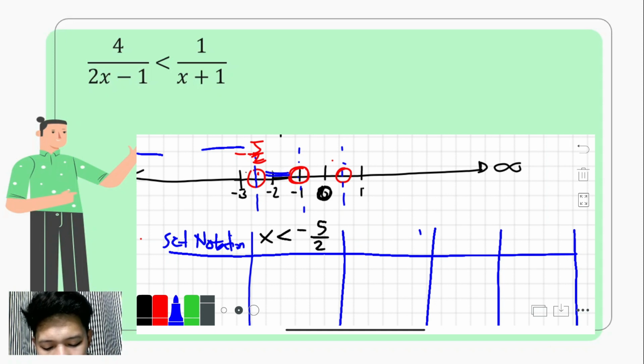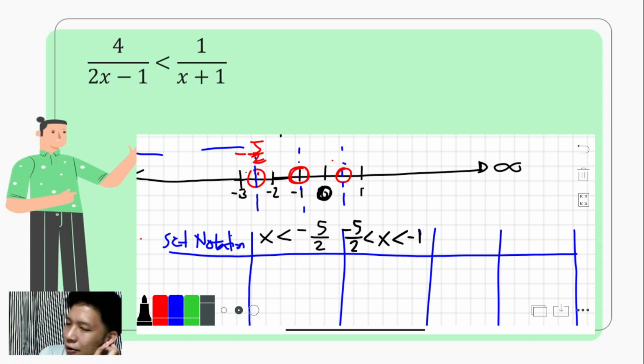Ito pong gitna ng negative 5 over 2 at negative 1. So, ibig sabihin, x is in between. So, that is x is what? X is greater than negative 5 over 2, but less than negative 1. Okay, so that would be our second partition.